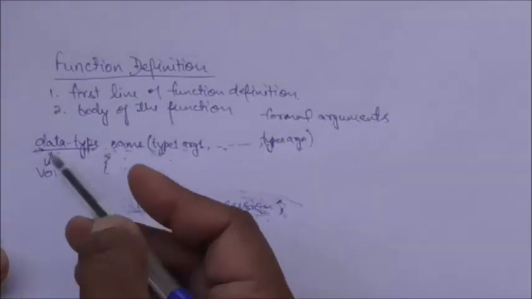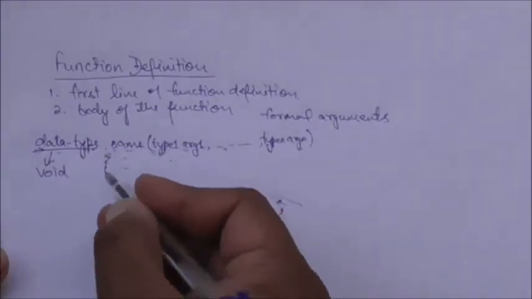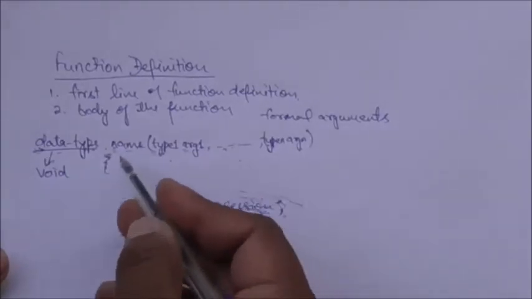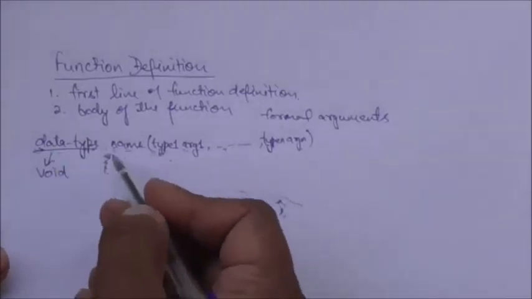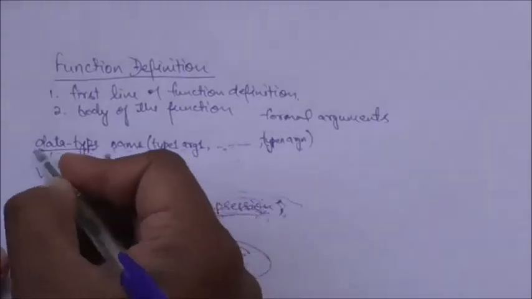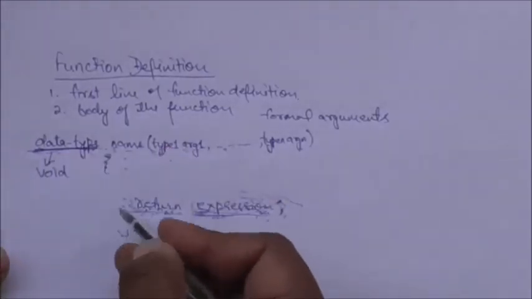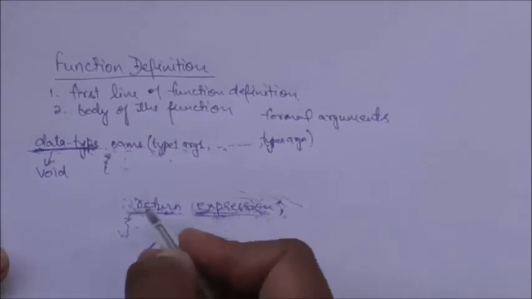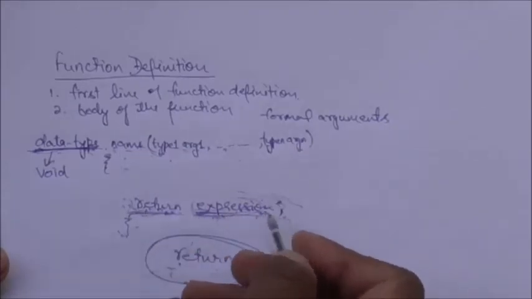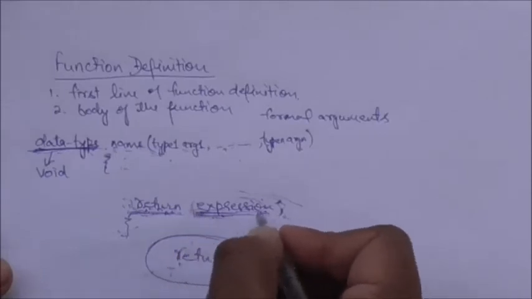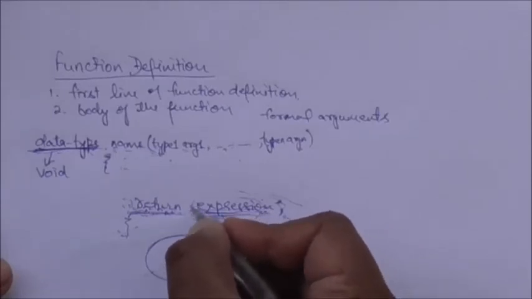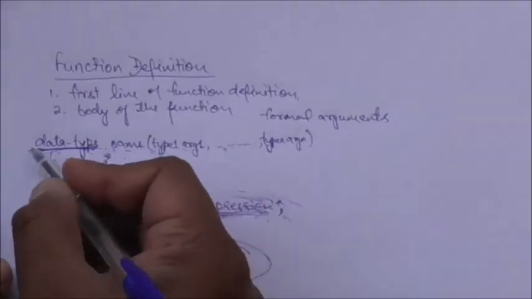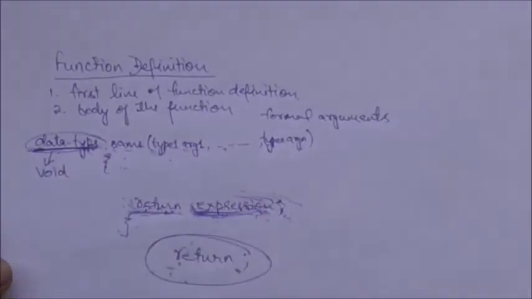Here you can see that in this function definition, suppose this function returns some value. Whatever value it returns, its data type must be mentioned here. To return that value, the function will use the return statement in this form: return, then expression, and then a semicolon. The data type of the value of this expression must be the same as the data type mentioned here.